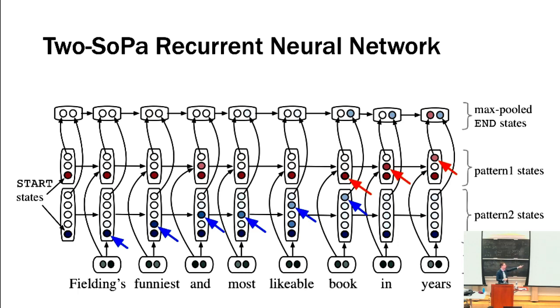So you can interpret each element of the hidden state as how strongly I am in each of these states at each time step as I consume the words from left to right. Then we do a little bit of max pooling at the end, which says, what's the strongest match from each of the patterns? After that, I can do a linear transformation to get my final score.